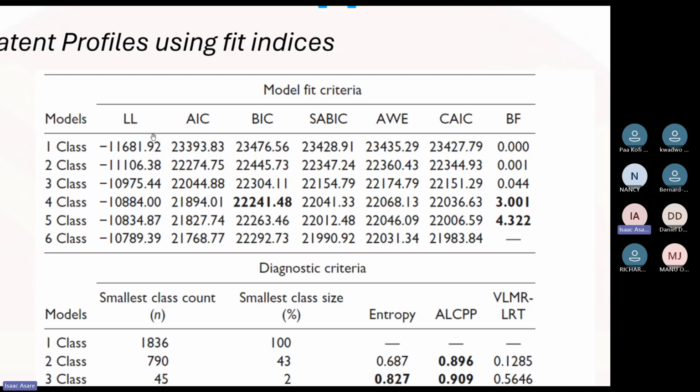The BIC, 23476 point something, and so on. Once you run it, all the indices will come. And depending on the kind of statistical technique that you are using, you get extra model fit indices.